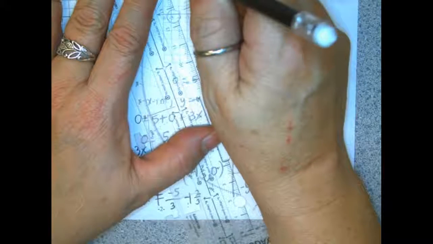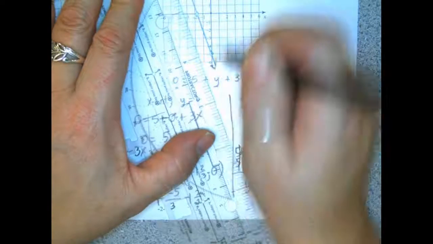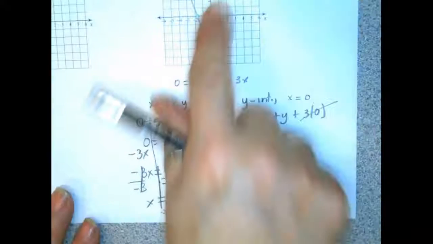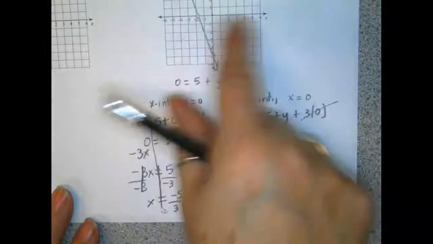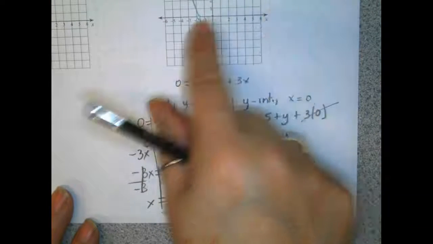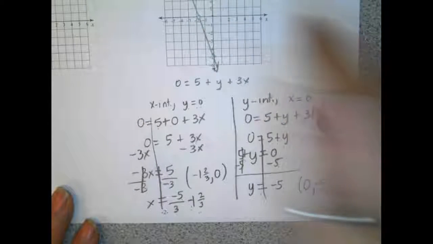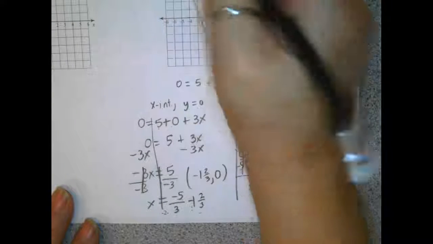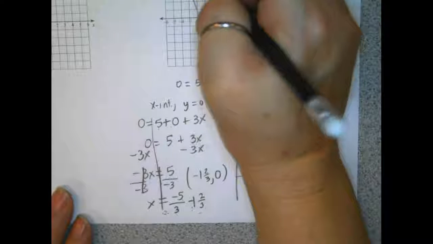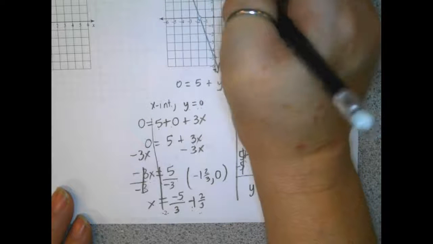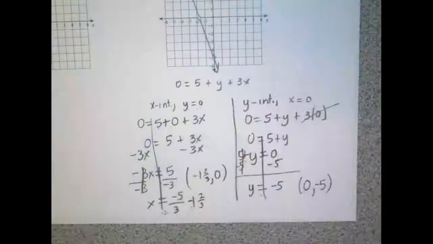Alright. Then, finally, line through it, end to end, arrows on both ends. And what's my last step? Label it. Always label it, with your original equation.